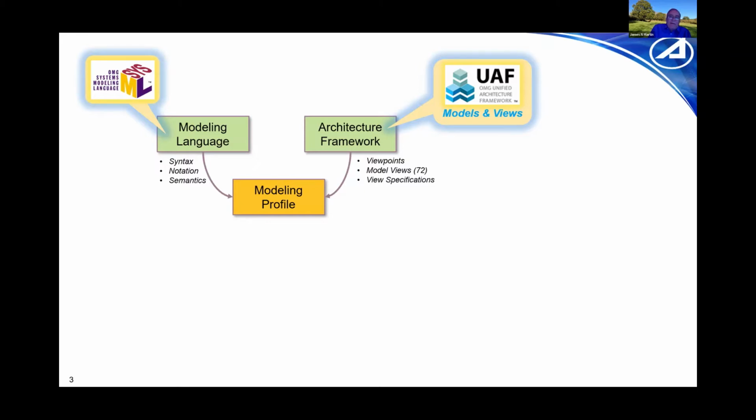So those basic SysML diagrams are used within UAF to expand into a number of viewpoints, represent different stakeholder perspectives, and as a result, it defines 72 standard model views. And then for each of those, it provides a view specification that the tool vendors will use to create their plugin so they're fully compliant with the standard.